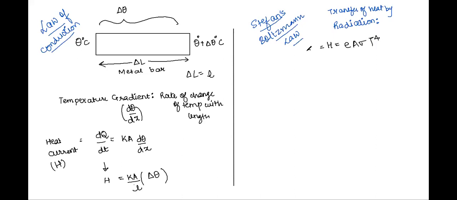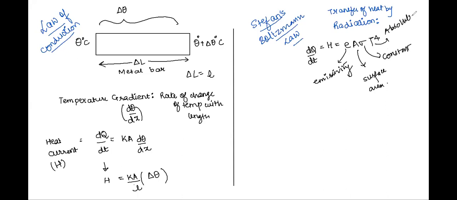What is this H? This is again heat current, heat being emanated per unit time. This e is called emissivity. A is the surface area of that body which is emitting heat. Sigma is the Stefan Boltzmann constant, a constant, while T is the absolute temperature.